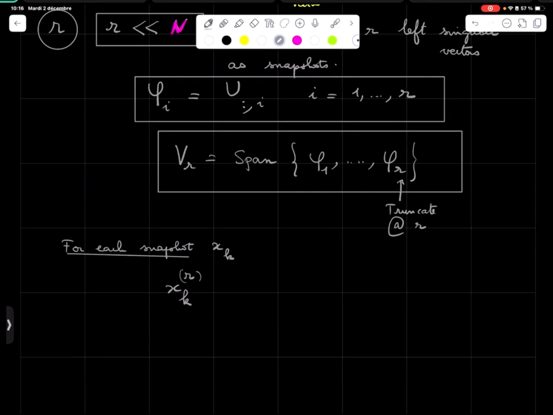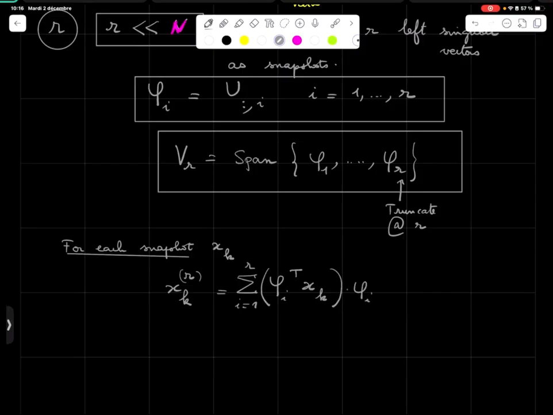Yeah, okay, notation is not perfect. It's far from perfect. Let's look at this quantity and tell me what that means. So phi_i transpose x_k times phi_i.